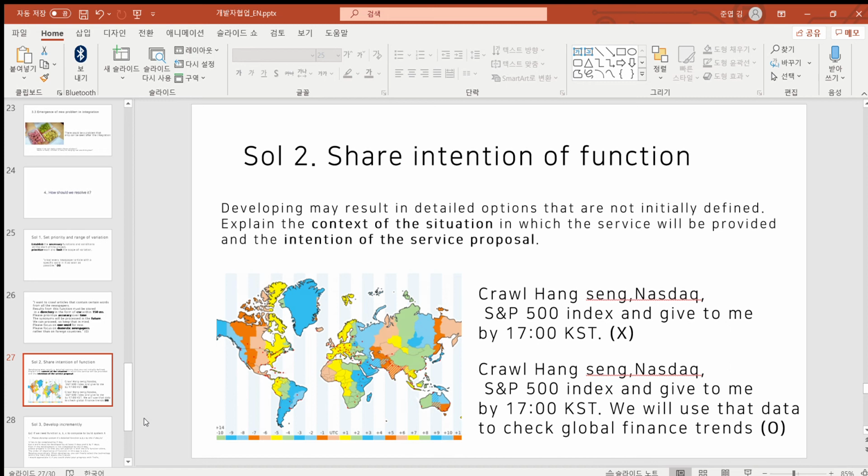If you give them the intention, the developer might think, even though we cannot crawl the Nasdaq and S&P 500 index, they said they want to check the global trends at that time, so it is okay to not give them the Nasdaq and S&P 500 index. So share the intention of the function when you're giving instructions.